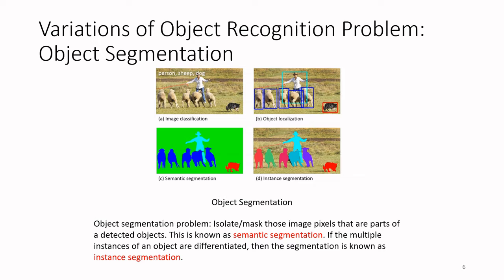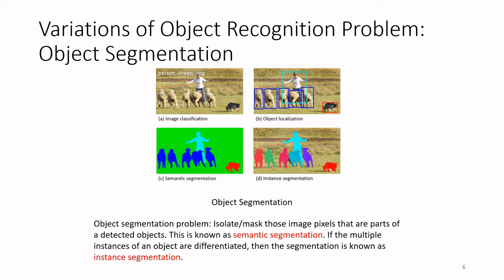Let's look at the next variation of the object recognition problem. This variation is known as the object segmentation problem. In object segmentation, our objective is to isolate or mask those image pixels that are parts of a detected object. This problem is known as the semantic segmentation problem.